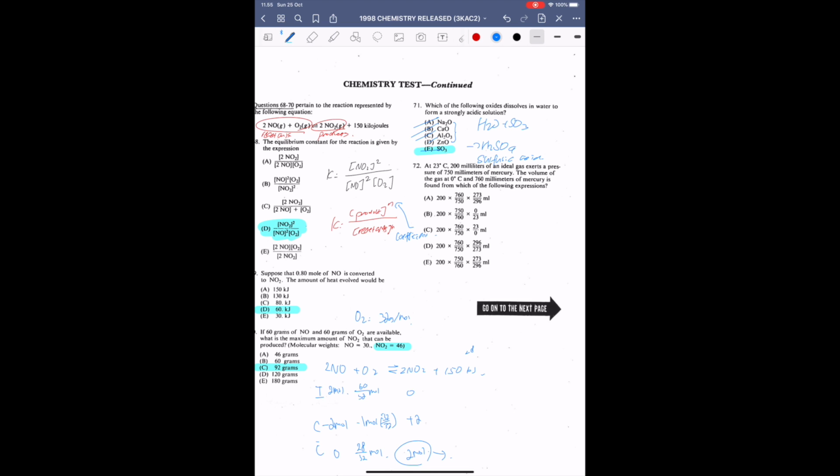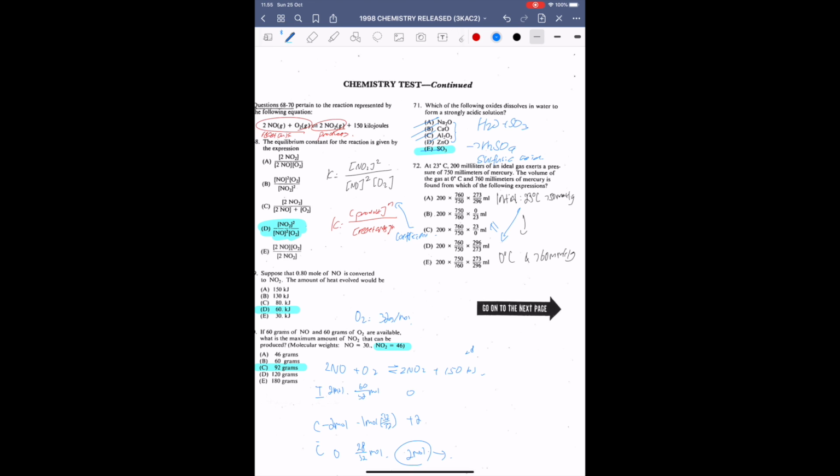72. So in 72, initially the gas is at 23 degrees Celsius and 750 millimeters of mercury. But now you change the temperature, and you increase the pressure. So what happens when there's a decrease in temperature?